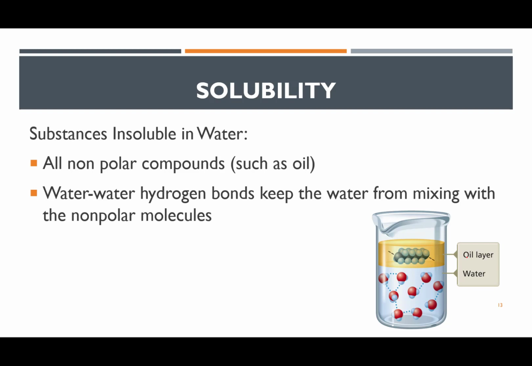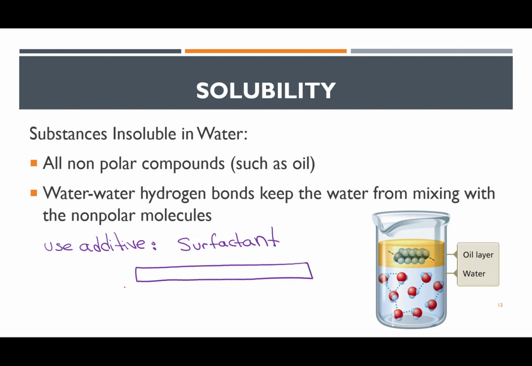To dissolve non-polar compounds in water, you're going to use an additive, and that additive is called a surfactant. That surfactant has a polar end, or polar tail, and a non-polar tail.